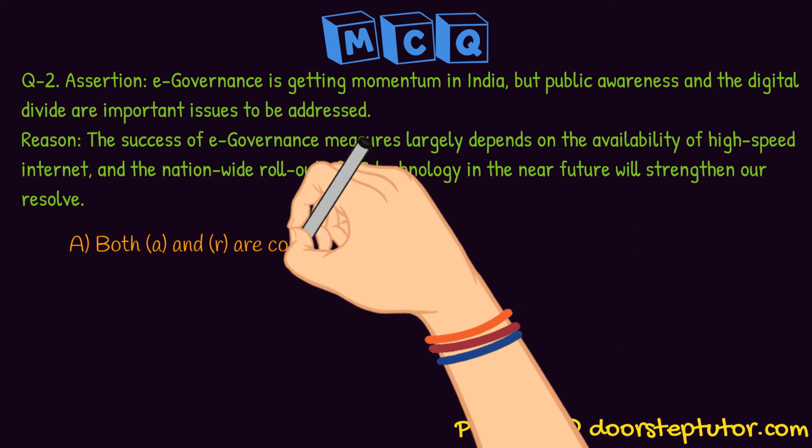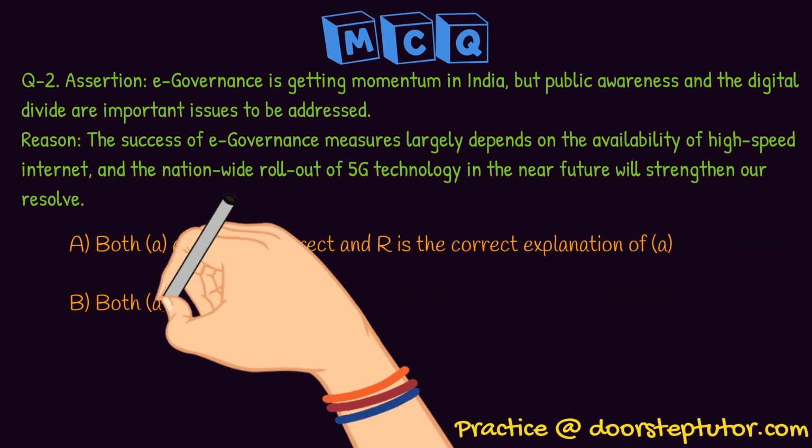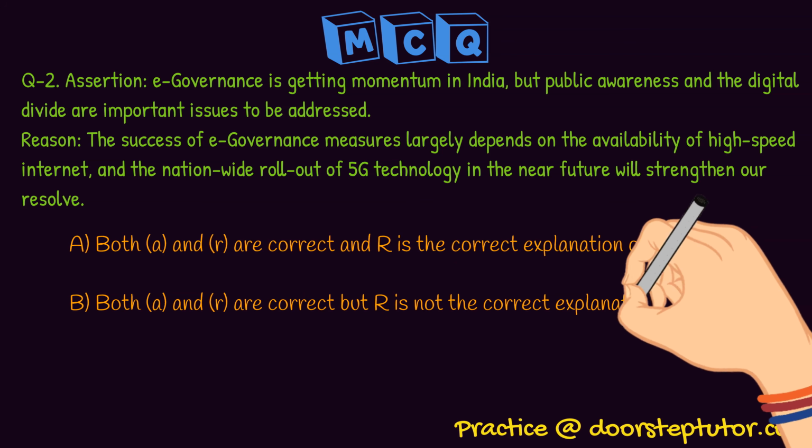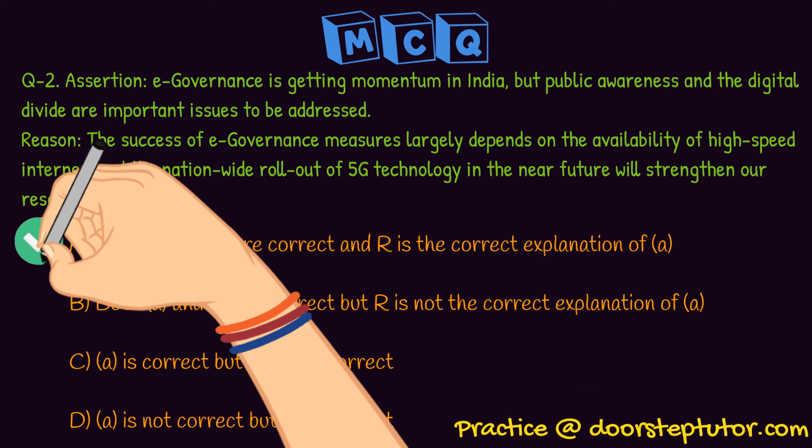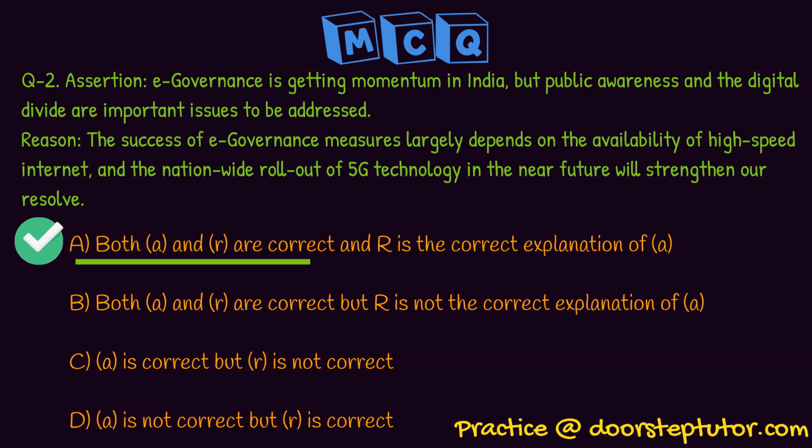It is absolutely correct. Public awareness and digital divide are to be combated because they call for strict actions. Only then there will be more and more participation from the citizens. Reason: the success of e-governance measures largely depends on the availability of high-speed internet.